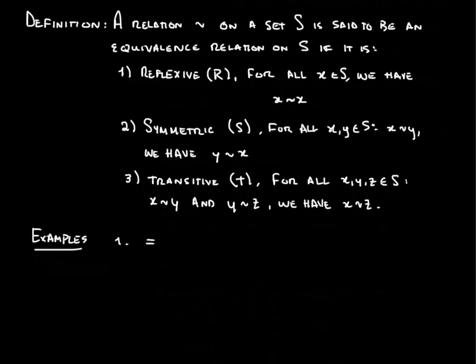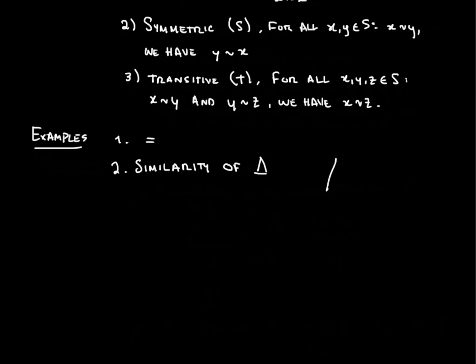Obviously, we've gone over equality. We can also talk about similarity of triangles. Remember in high school, we learned that two triangles are similar if they both have the same angles. It is reflexive because a triangle has the same angles as itself.